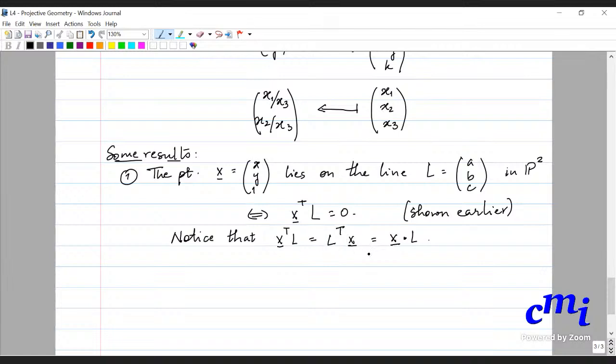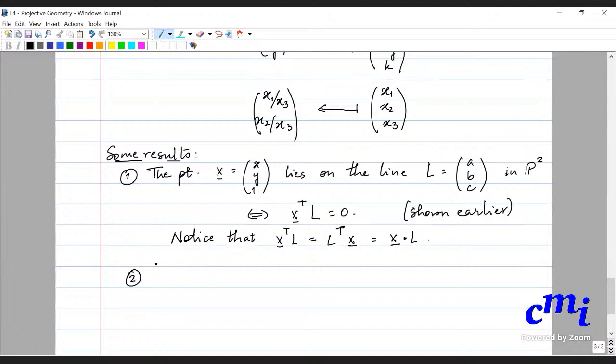The simplicity of this notation comes about because of this homogeneous representation. Saying that this point lies on this line L is now like saying that x transpose L is 0. Now you don't have to say it in so many words or in a longer equation. You can just say it this way. Something to appreciate.